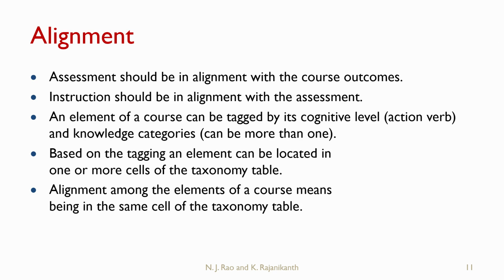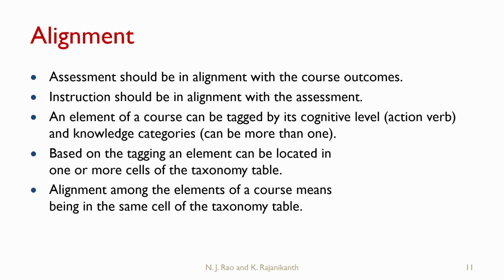And we also said any element of the course, that is assessment, instruction, course outcomes, can be tagged by its cognitive level, which is indicated by the action verb, and knowledge categories, which can be more than one. So, based on the tagging that you have, which we mentioned like 4, 3, 3, 3, an element can be located in one or more cells of the taxonomy table. Okay, we will presently see.